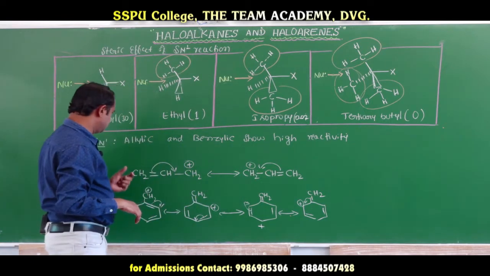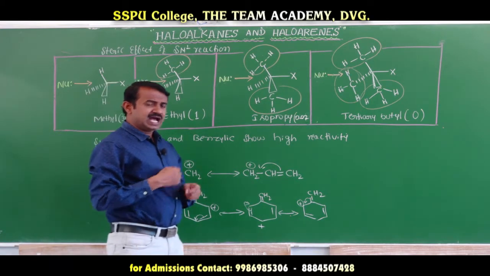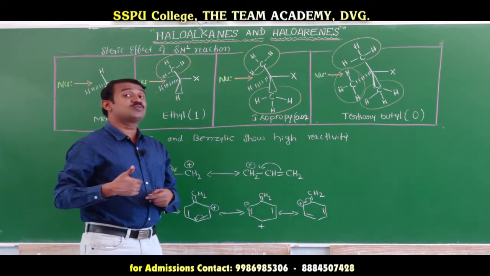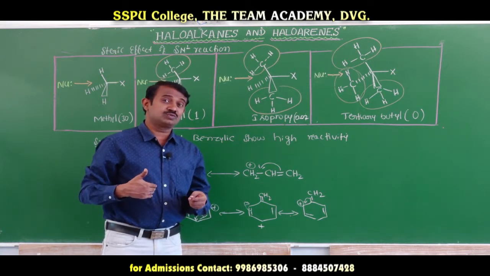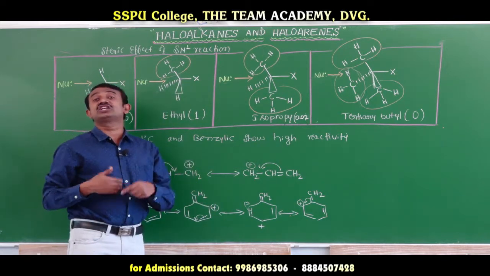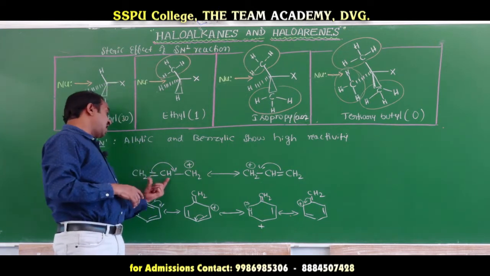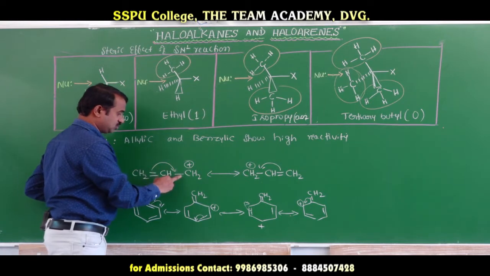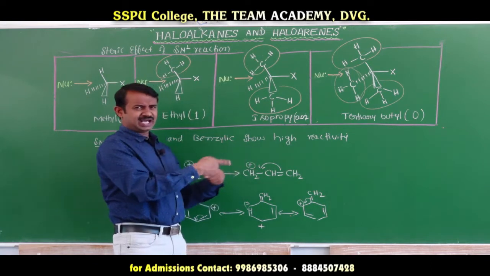Coming to the SN1 reaction, allylic and benzylic halides are more reactive compared to alkyl halides. Why? Because of the resonance effect, which we discussed previously. In the carbocation, the double bond shifts, a single bond is converted to a double bond, and again it has a resonance form.